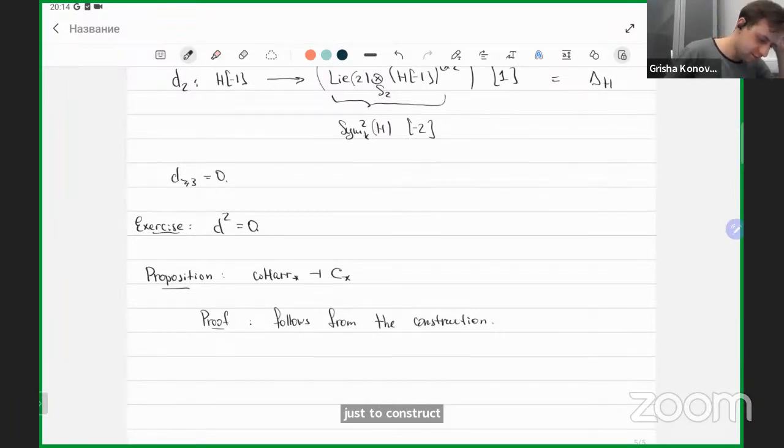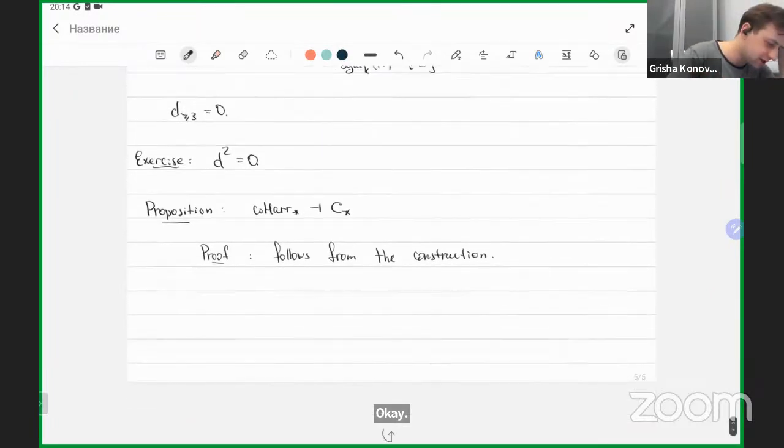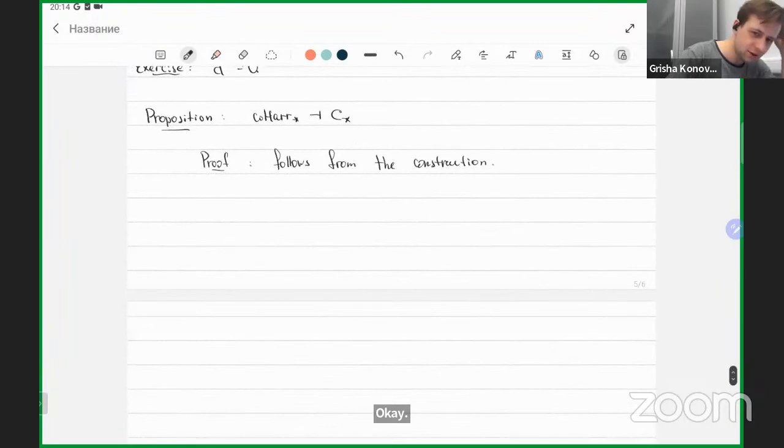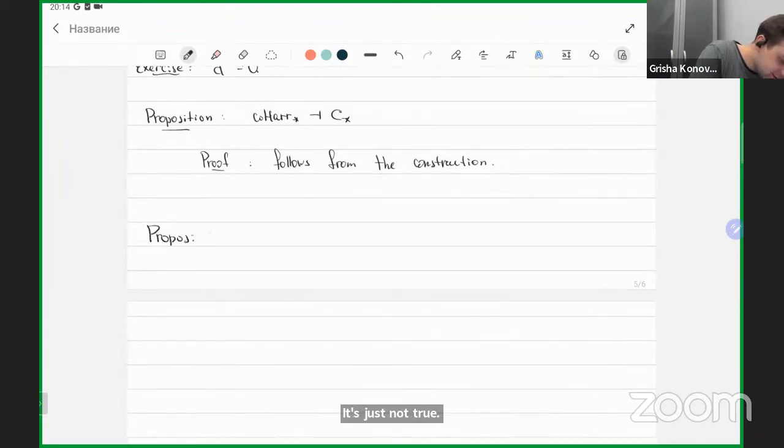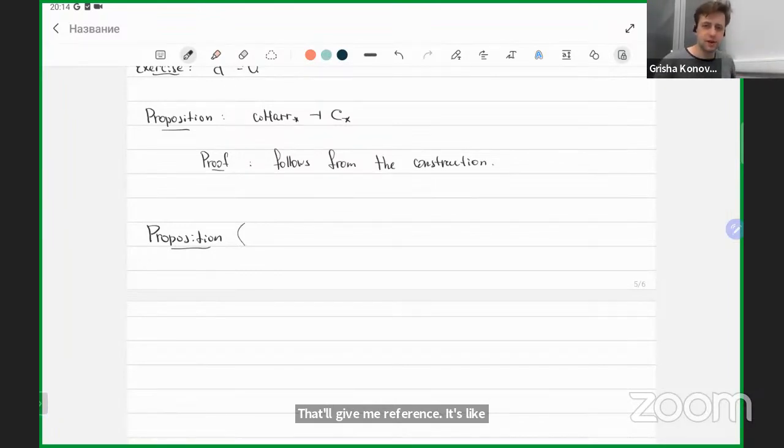I don't want to go into details further. And the other proposition is true, but I will not prove it; I will give a reference. The reference I'm familiar with is maybe not the most optimal one for this particular case. It's more general, but it's a good reference.